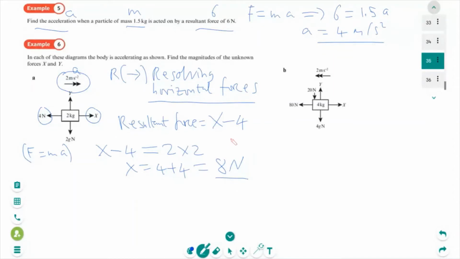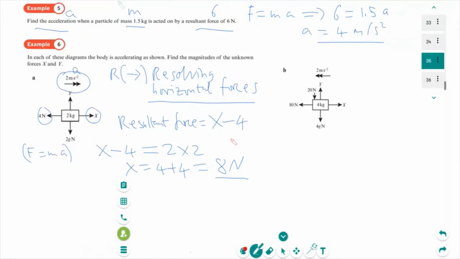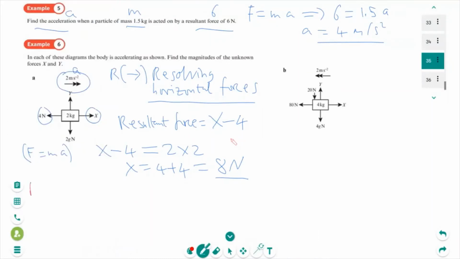Then you can do the same thing for the vertical. The book uses this symbol, an upward arrow. It just means you need to think about the equation of motion for the vertical forces. On the vertical forces, you've got y upwards and you've got 2g downwards. 2g means 2 times 9.8.